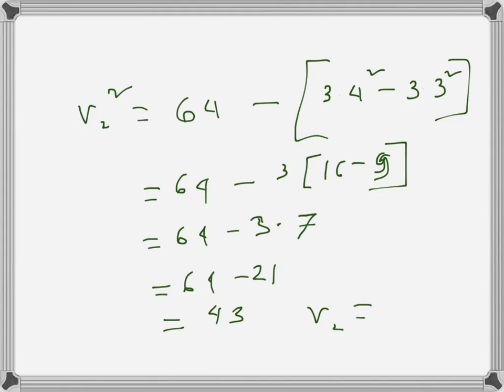So v2 is the square root of 43, which is approximately 6.6 meters per second.